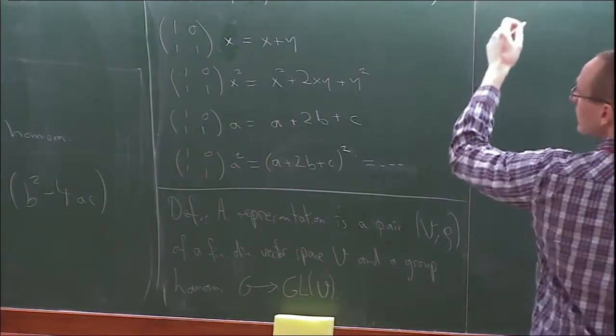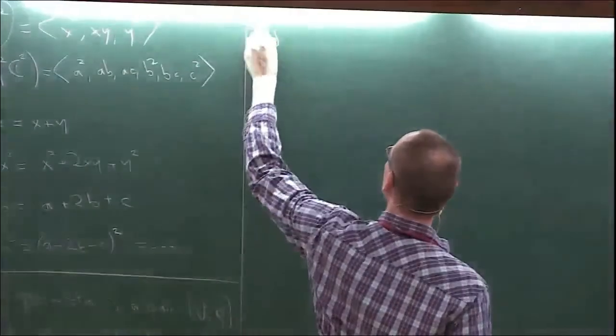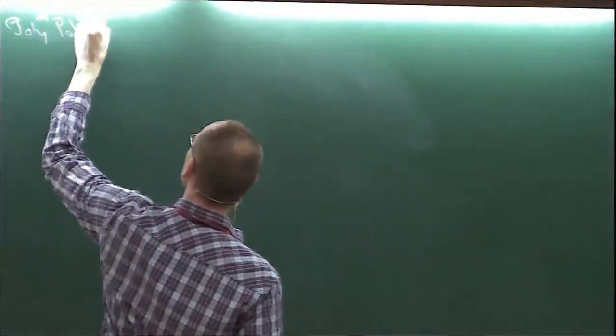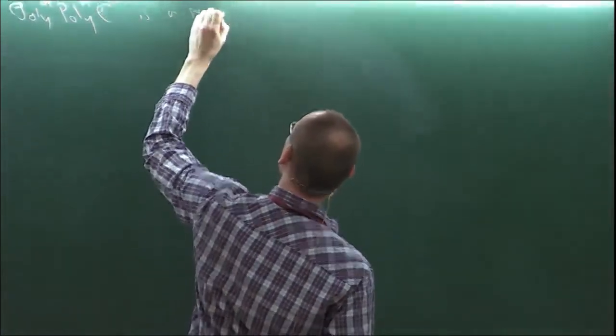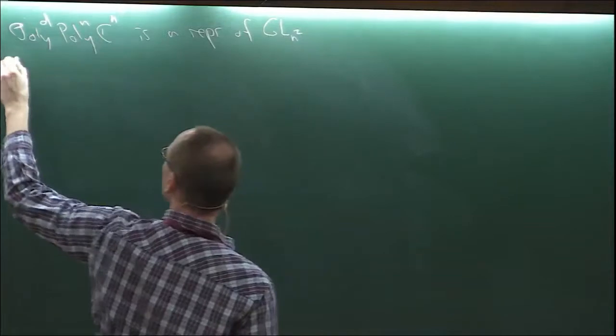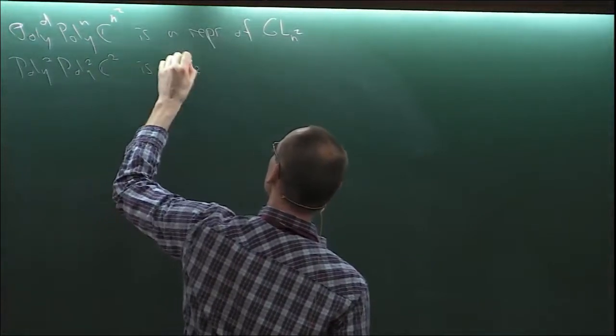So an example of a representation is Poly_d, Poly_n of C^{n^2} is a representation. Well, we are only concerned with the general linear group here. So Poly_2 of C^2 is a representation.